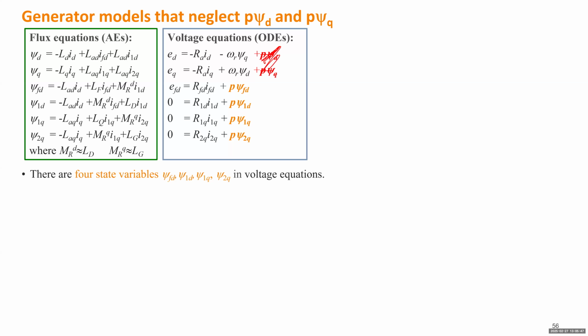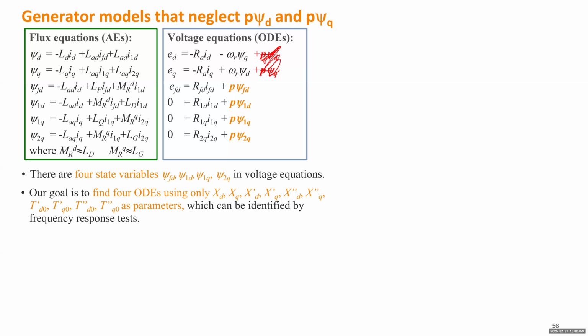Those will be gone. We ignore those two, but we still have four state variables, which start with p. p is just a differential operator. Our goal is to find four differential equations for those four state variables, utilizing the parameters we derived.